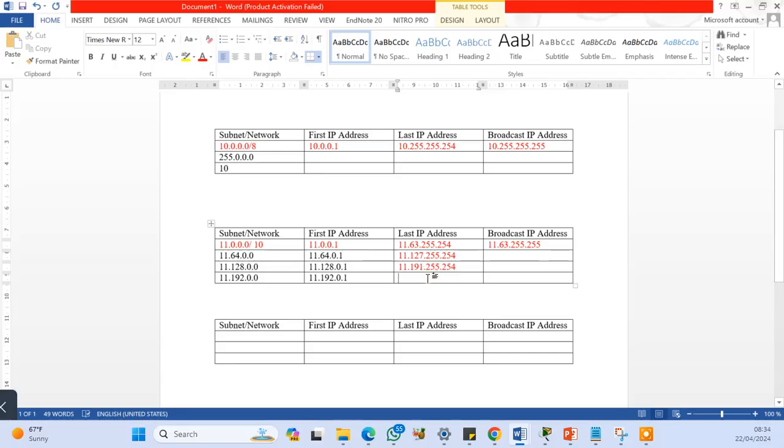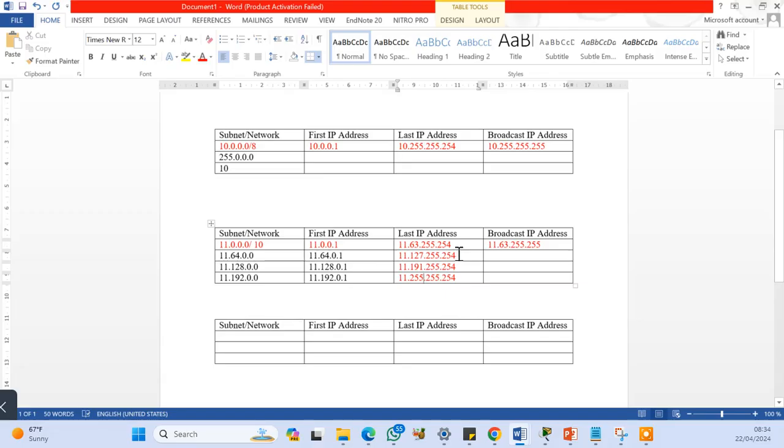And then on this, if I add 64 on 192, I'll get 256. Then 256, you subtract 1 and remain with 255, like this.